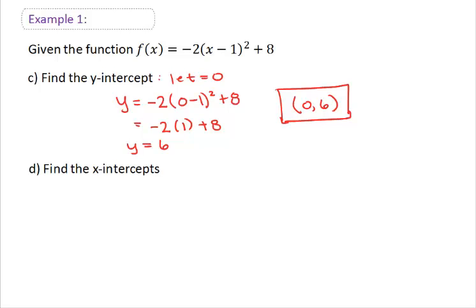Now the x-intercepts. Again, hopefully you remember, you find the x-intercepts by letting your y value be 0. Now we don't see a y in this equation, but we know that y and f of x are interchangeable. So really we just set 0 equal to this equation here.